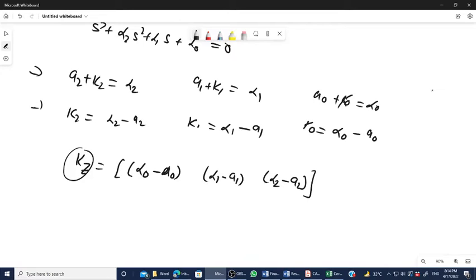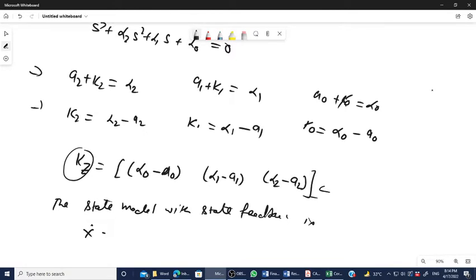This is for the CCF. So the state model with state feedback is given by x dot is equal to (A minus BK) x plus BF into r. This is the equation for the state feedback in simple form.